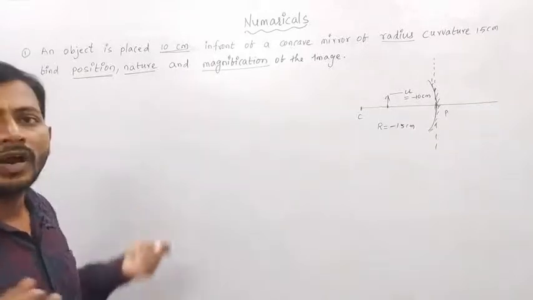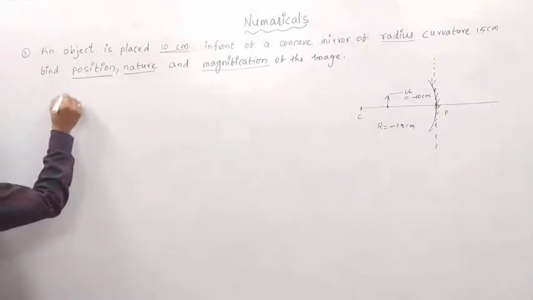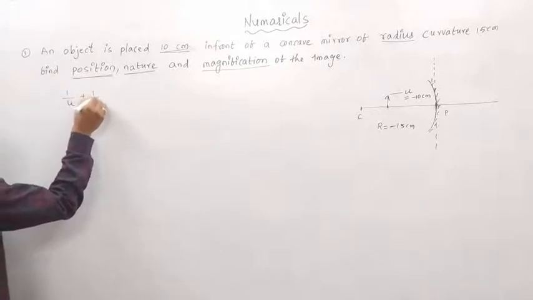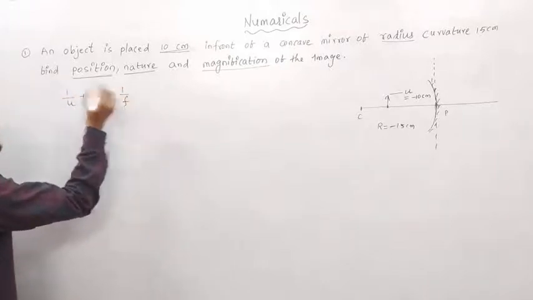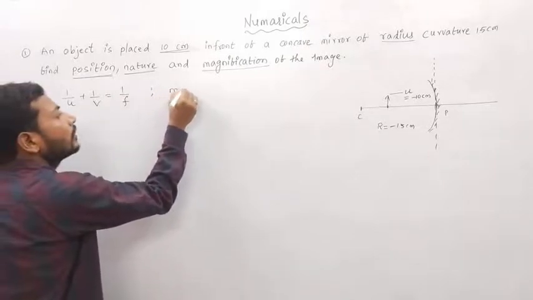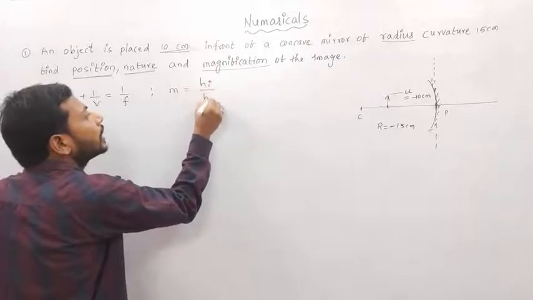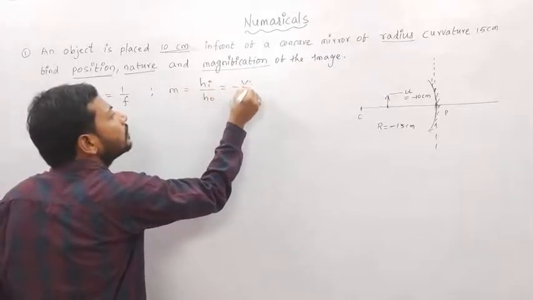Sir, how many formulas do we have for this? I am writing here, you have two formulas. One is the mirror formula: 1/u plus 1/v equals 1/f. The second formula is for magnification: magnification equals height of image by height of object, or minus v by u.